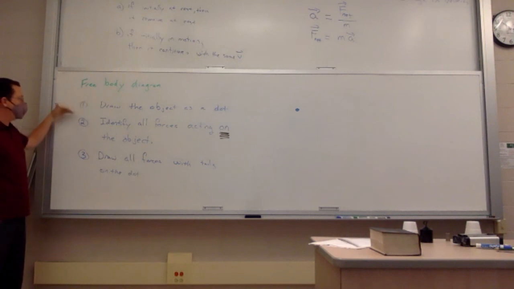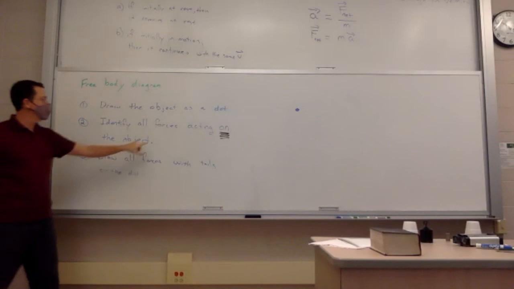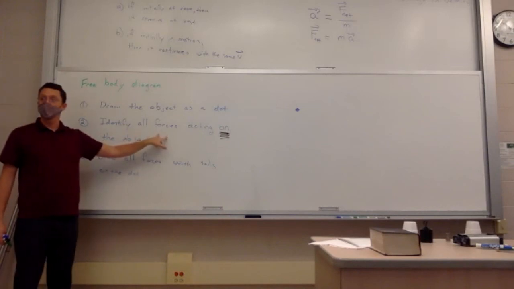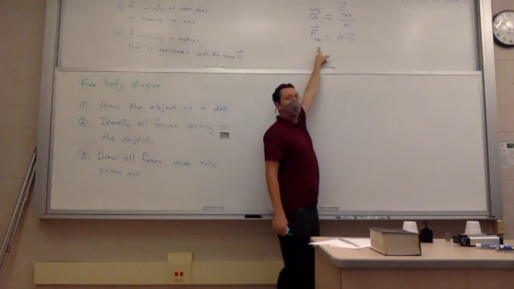So we have a dot. What's a common word in these last two, other than the and all? Forces. And what are we trying to construct with this free body diagram? The goal is to help us calculate the net force.